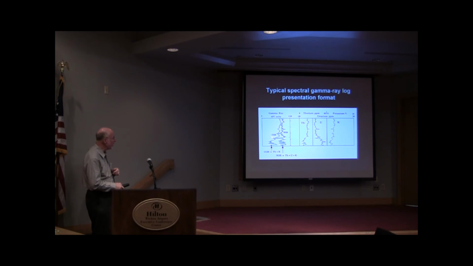Then we have the CGR, and that's the computed gamma ray log, and that is simply the sum of the thorium and potassium. So the way we look at it then, if you're interested in shale, this CGR is much more a response to the shale content because it's picking up the thorium and potassium associated with that shale. Between them, there's big separation. That's the amount of uranium.